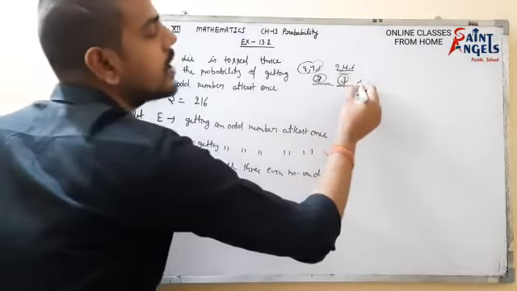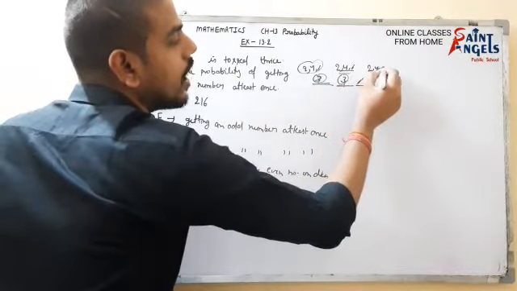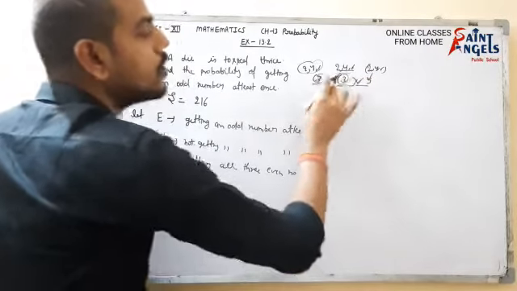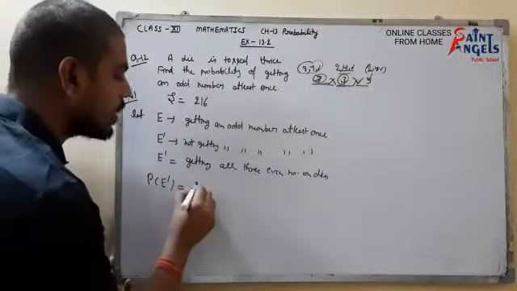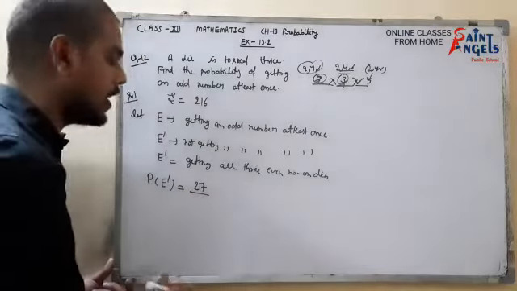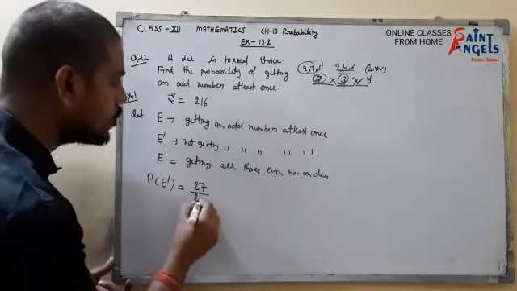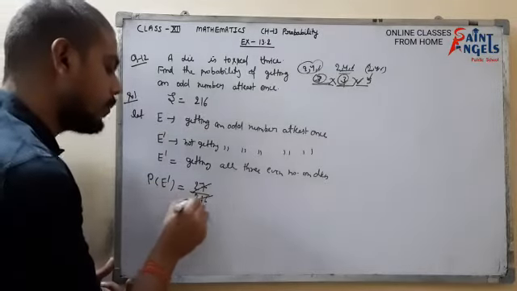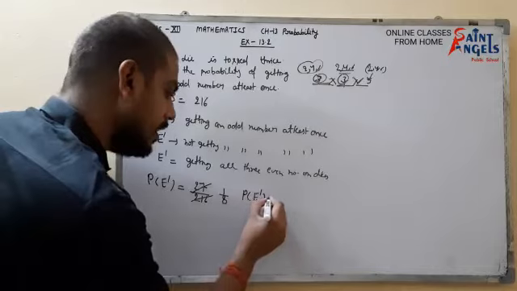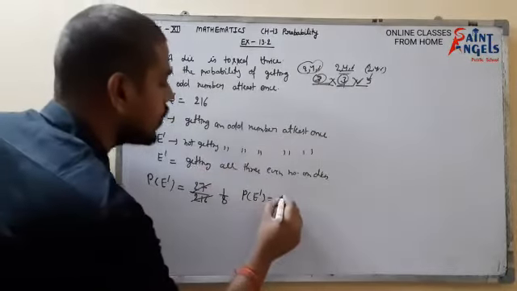For the third die, out of 2, 4, 6 any number could come. So 3 into 3 into 3, so there are a total of 27 cases where even numbers will appear on the dice. And the total number is 216, so that would be 1 by 8. So the probability of getting even numbers on all the dice is 1 by 8.